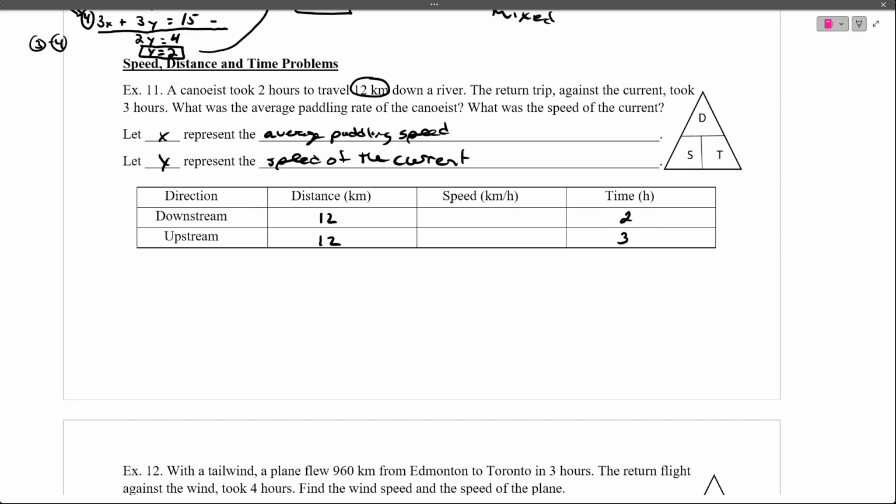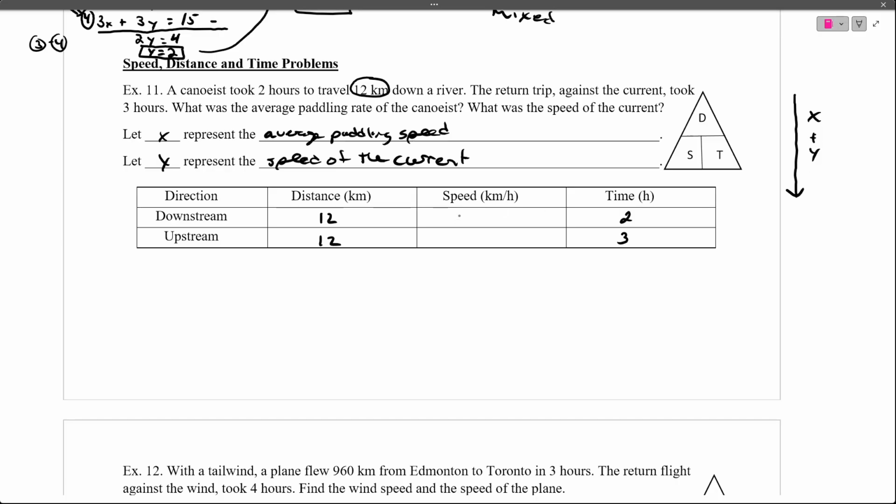Now the speed is what we're looking for, the speed of each component. We're trying to find the speed of the canoe, but we're also trying to find the speed of the current. Now remember what's actually happening here. This canoeist is traveling downstream at a certain paddling speed, but he's moving a lot faster because he also has the current with him. So if x represents his paddling speed, he's actually moving at x plus y, because the current is pushing him down the stream faster.